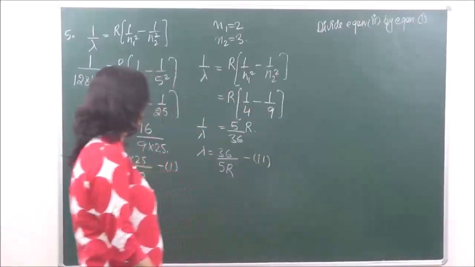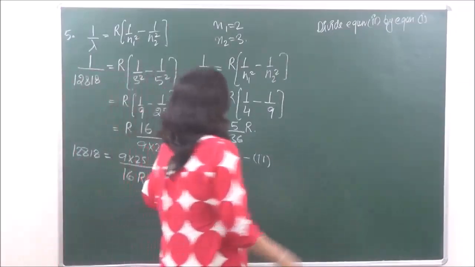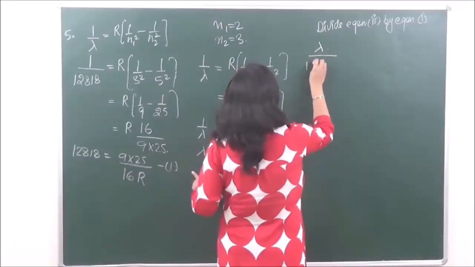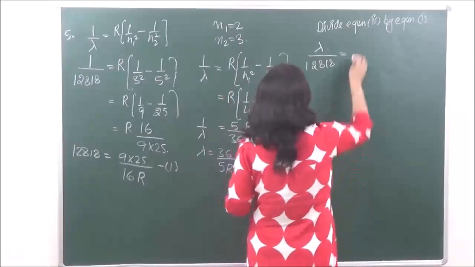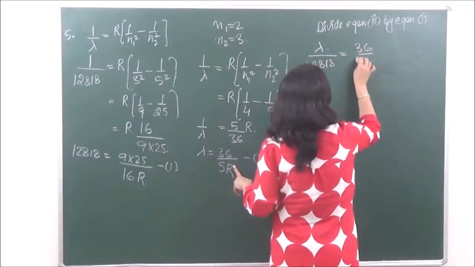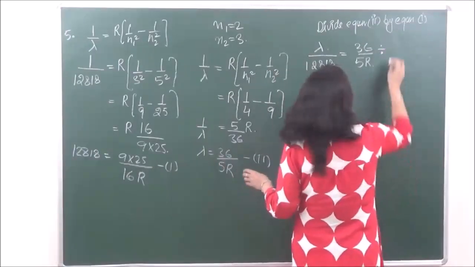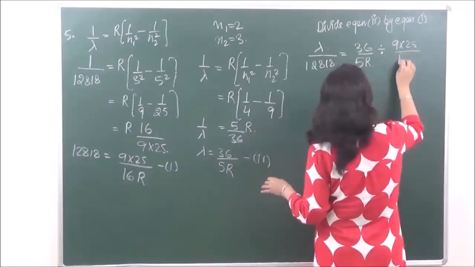When you divide equation 2 by equation 1, we will get lambda upon lambda1 equal to 36 upon 5R divided by 9 into 25 upon 16R.